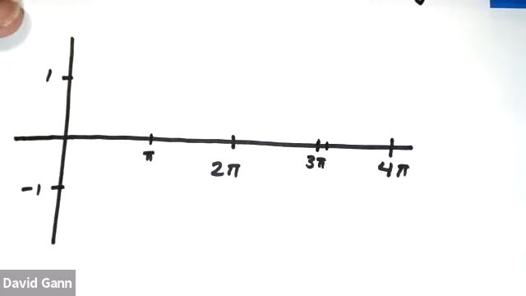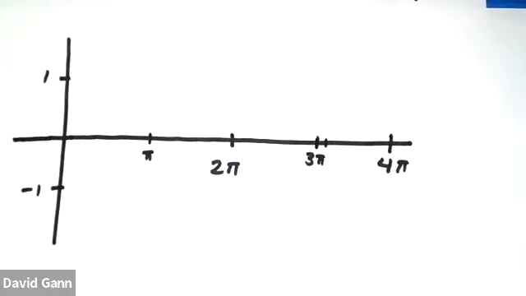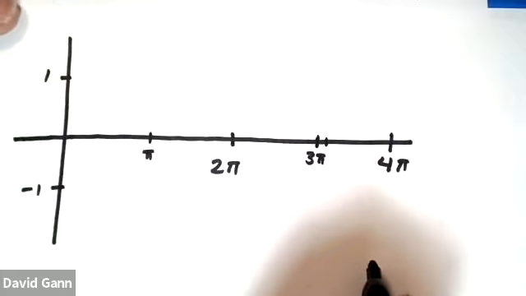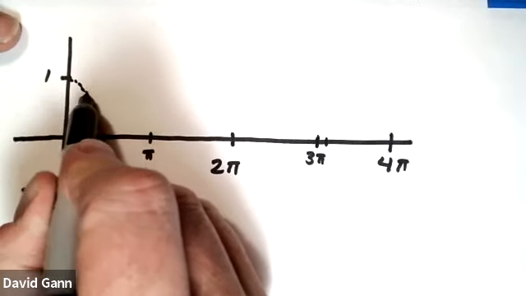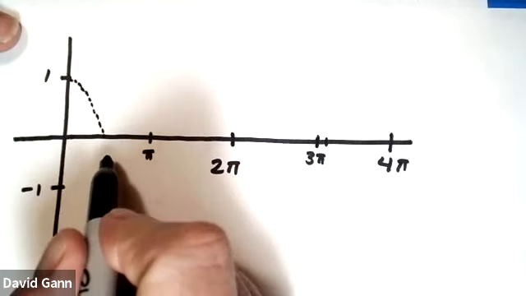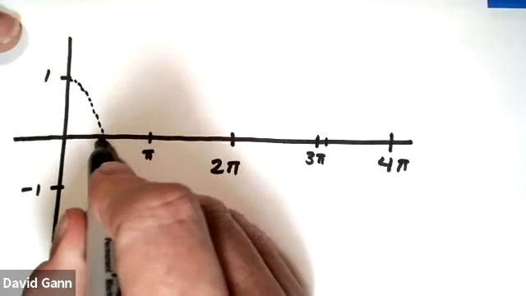So let's fill this in, but let's use a little bit of dash, because we're not really interested in the graph of cosine. We've already looked at that. I'm going to be more interested in the graph of secant. So we start here at a high point. We cross the x-axis at exactly halfway between 0 and pi.